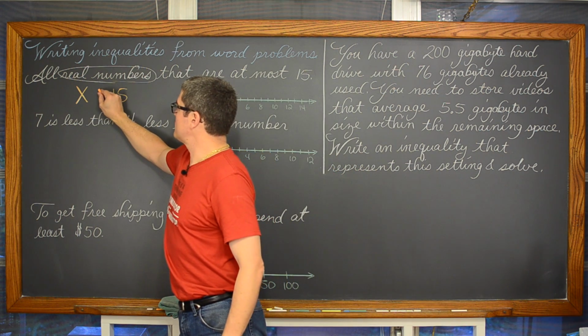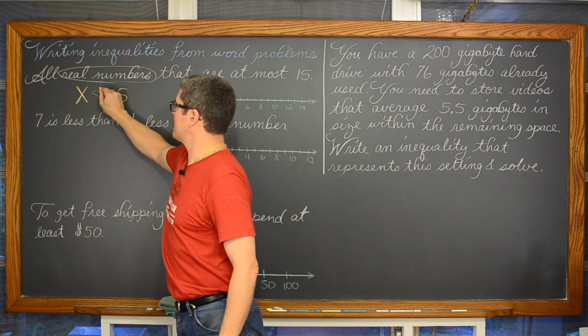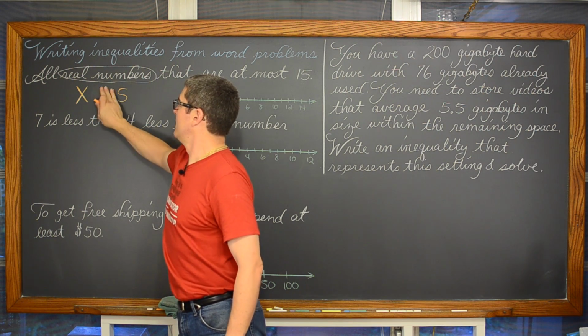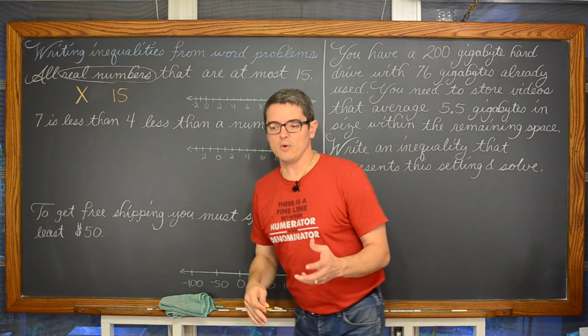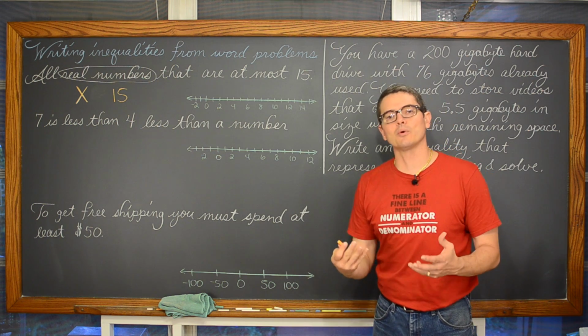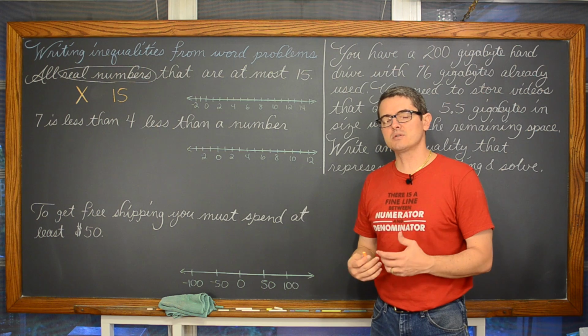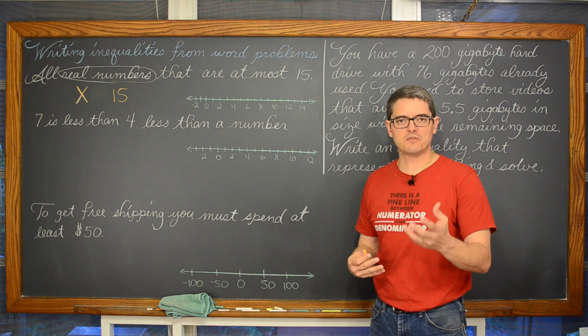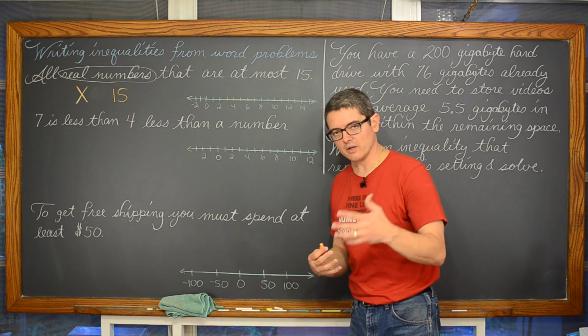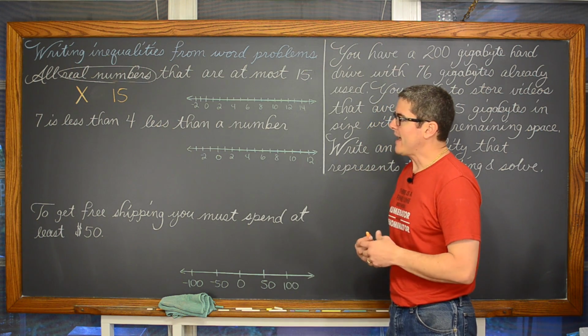Is it going to be basically less than or greater than? That might be kind of difficult to come up with unless we put some real world setting to it. Like maybe I have a van that holds at most 15 people. In other words, there's 15 seats and 15 seat belts to go along with it, for safety. At most 15.